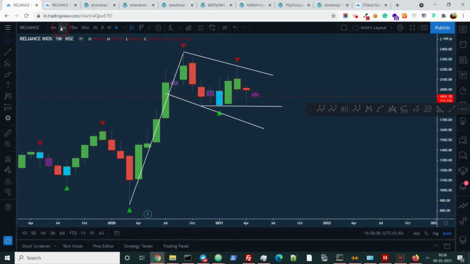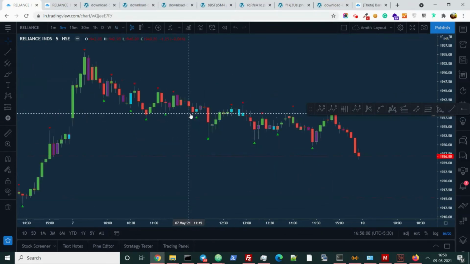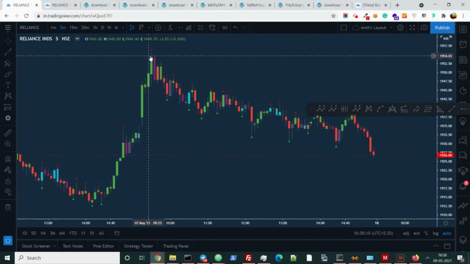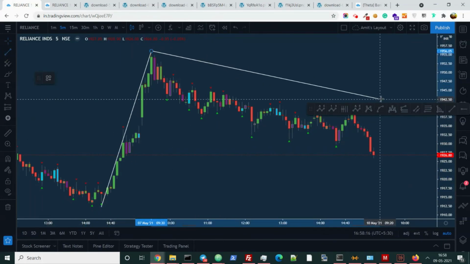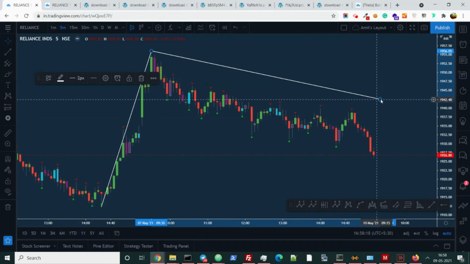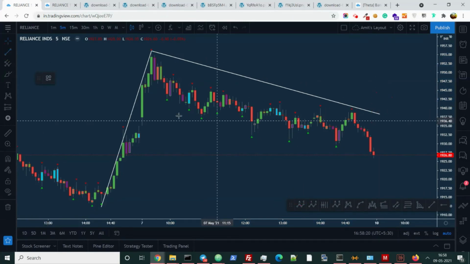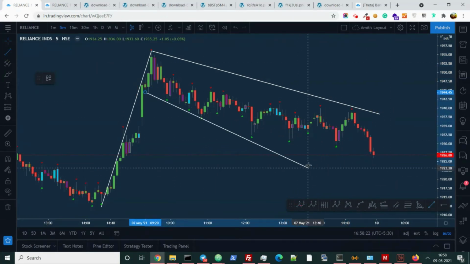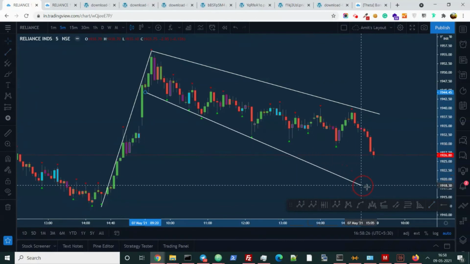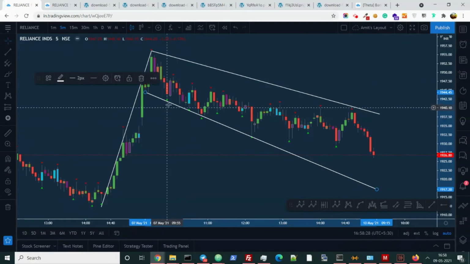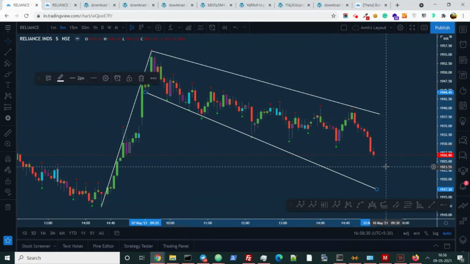Now if you see in the 5 minutes time frame, then you can see there is a bullish flag. So this is quite weird, right? Because in a 5-minute time frame you are seeing a bullish flag. Now see, this is getting like this, and this flag is not getting broken at all, because the lower trend line is very hard to break here.